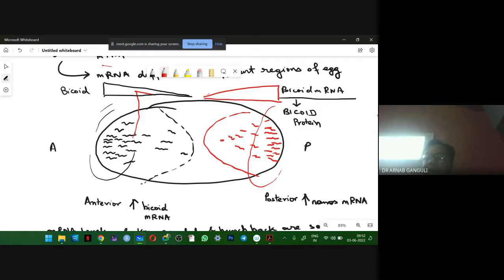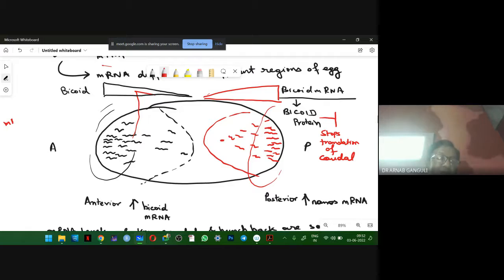Now, bicoid protein, what it does, it stops translation of caudal. Now we have seen that the mRNA levels of caudal are uniform.